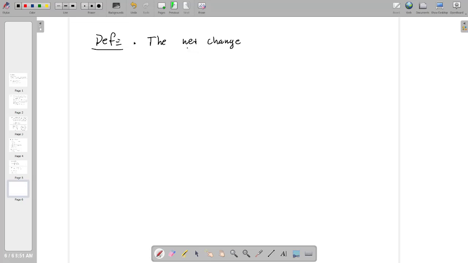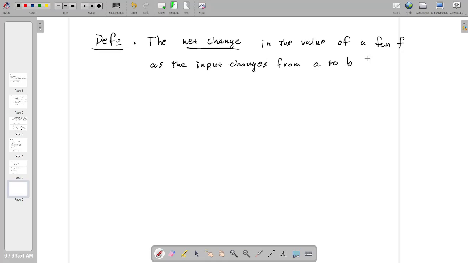The net change in the value of a function f as the input changes from a to b, where a is less than or equal to b, is f of b minus f of a. Now what we're saying here is that the output will change as our input changes. Remember, our variable for a function f of x is x.